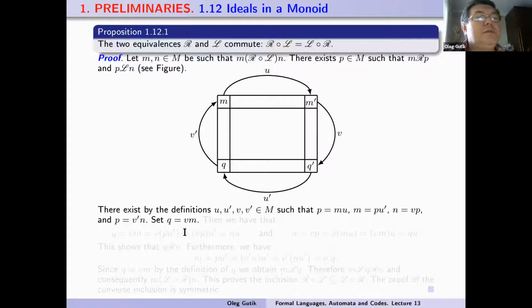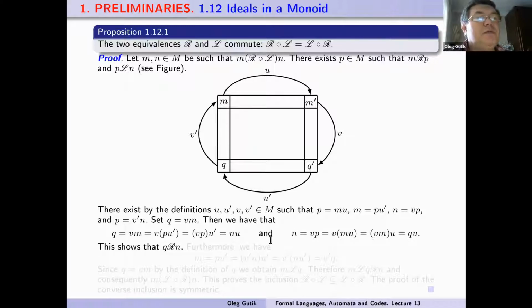We put q = vm. Then we have that q = vm. Since m = pu', we substitute here, and since vp = n, hence we get q = nu', and similarly n = qu.